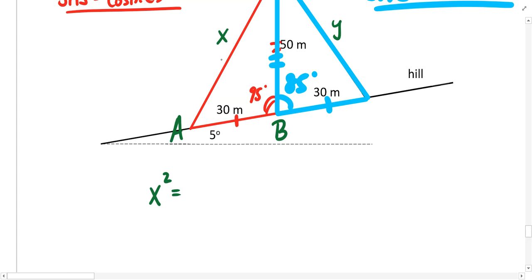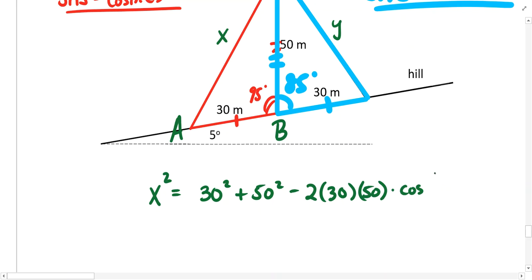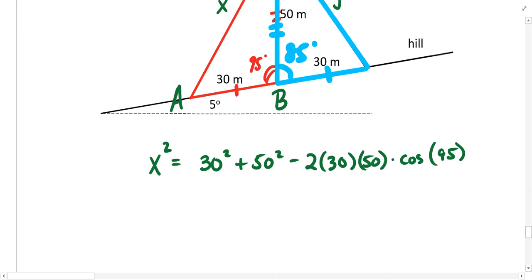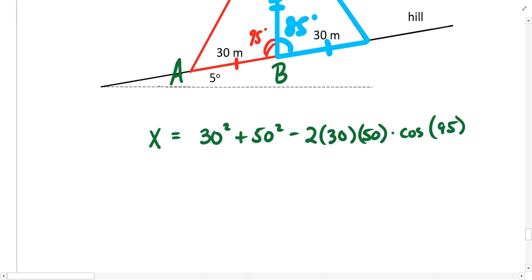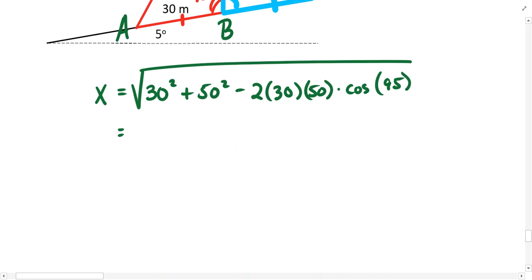X squared is going to be equal to the sum of the other two side lengths squared, so 30 squared and 50 squared, minus 2 times those two side lengths, 30 and 50, times cosine of the angle measure that is opposite of the side length that we're going after. We should also note that if x squared is equal to this expression, then x by itself is equal to the square root of that expression. So that's something that I can reach for the calculator to compute.